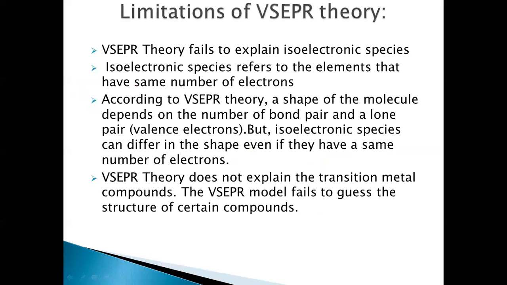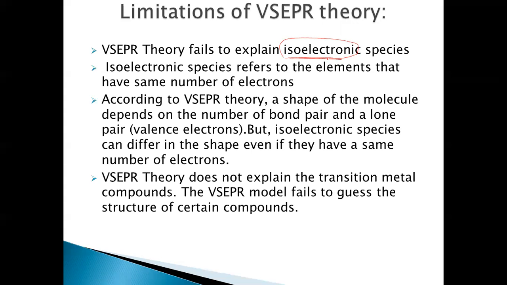Yes. Now let's look at the limitations of this. Although it could explain the shapes and the angles very clearly, it fails to explain the isoelectronic species. What are these isoelectronic species? As the name itself shows, they are species having the same number of electrons.